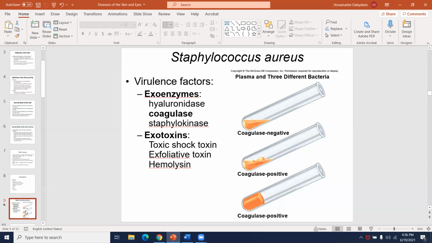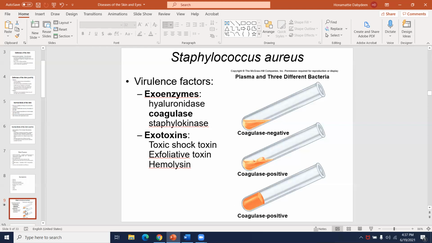A lot of your Staph aureus will be beta hemolytic, toxic shock toxin, and exfoliative toxin. And the names will tell you. Exfoliative toxin causes your squamous epithelial cells to just peel away. We'll talk a little bit about scalded skin syndrome. And you'll see the picture where it's like the skin is just peeling away because of these toxins that are produced.